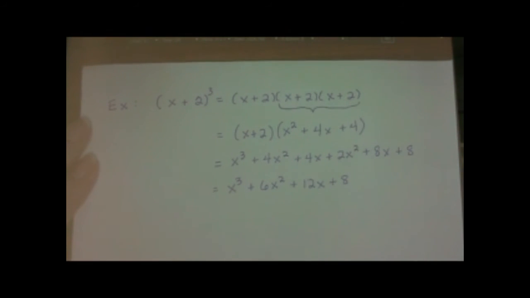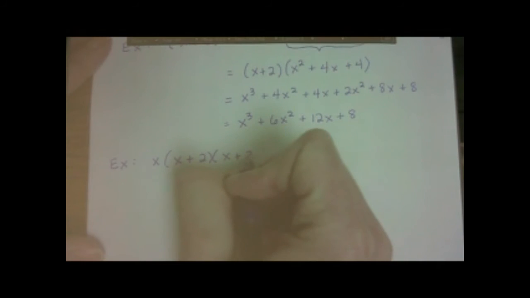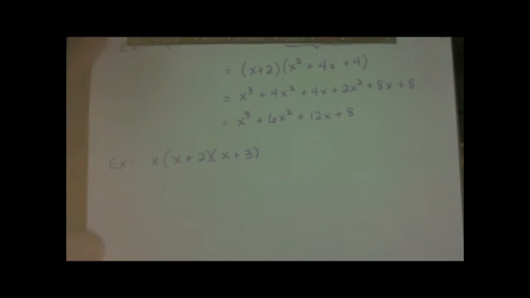All right? I'm going to show you a second example where we have 3 things to multiply. You cannot do this all in one step. The way you do it is just how we did the last example.